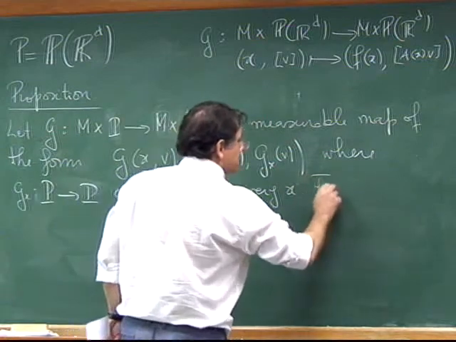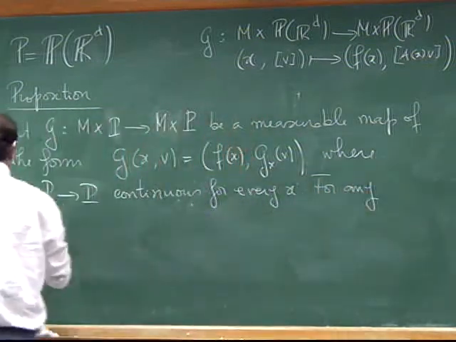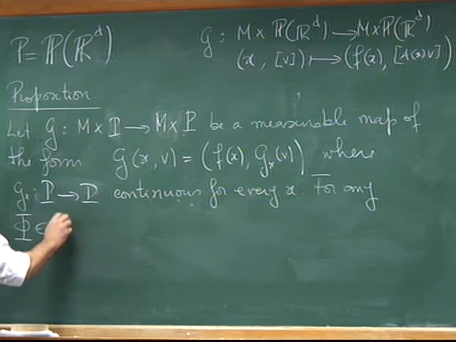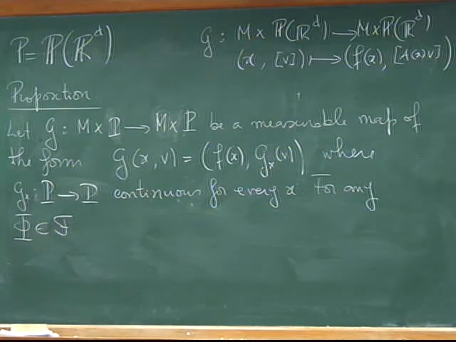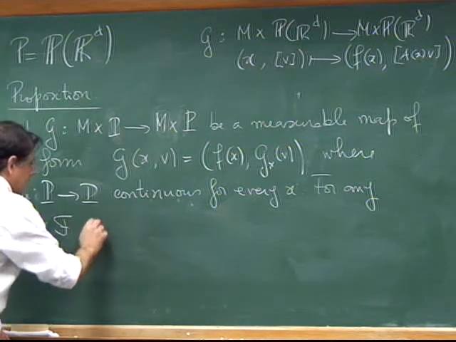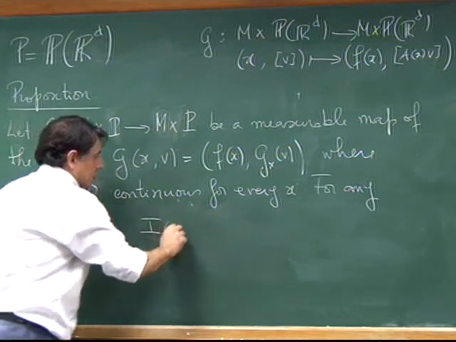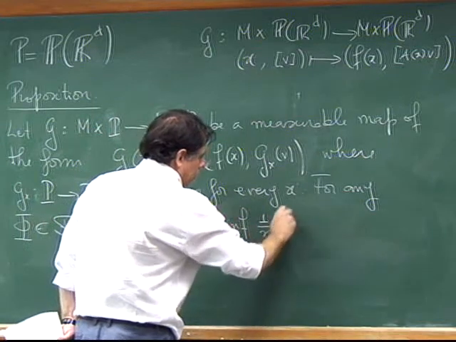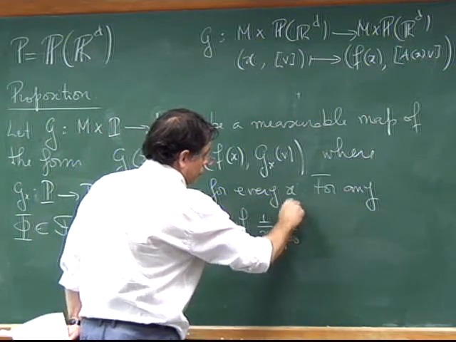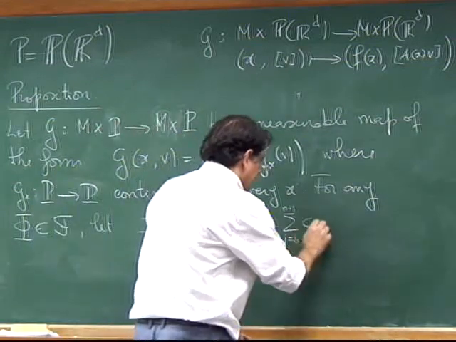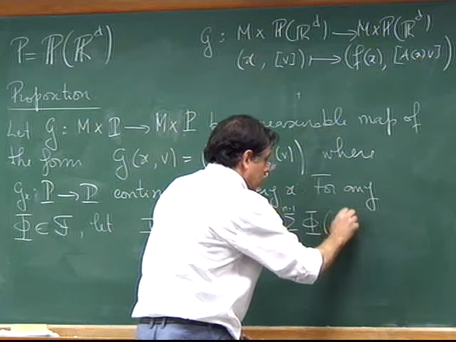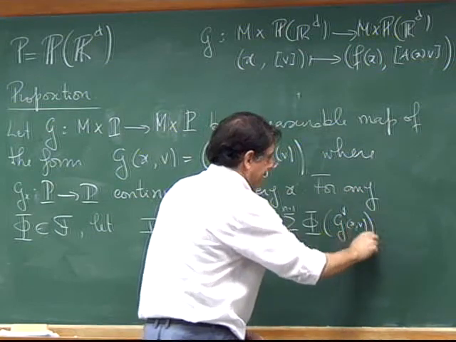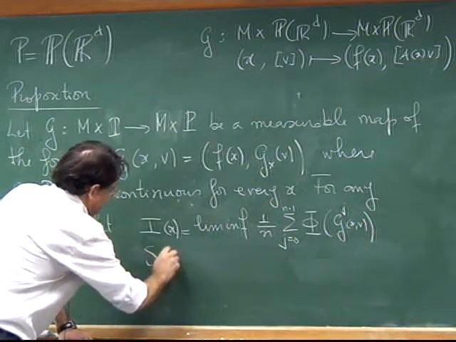So for any function phi in a good space, which I'm going to define precisely, let I(x) be the lim inf of 1 over n, sum j from 0 to n minus 1, of phi of g^j_x(v), and let S(x) be the lim sup.